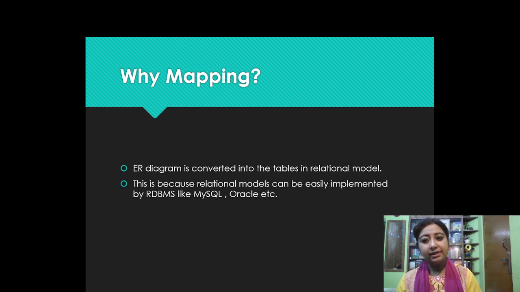That is the first objective of using mapping. Also, the relational model can be easily implemented by using different RDBMS software like Oracle, MySQL, SQL Server. So in this software, we can implement directly by using this concept of mapping.